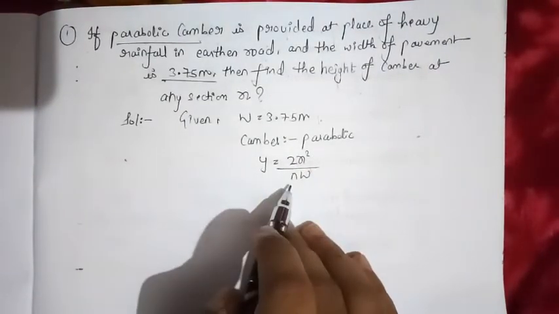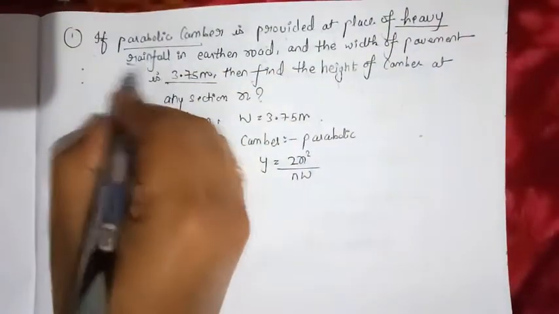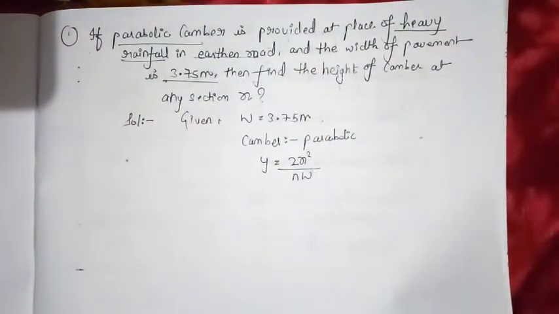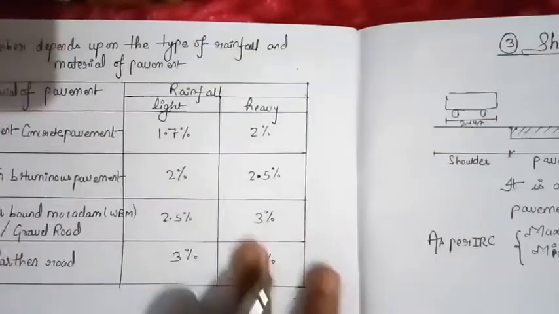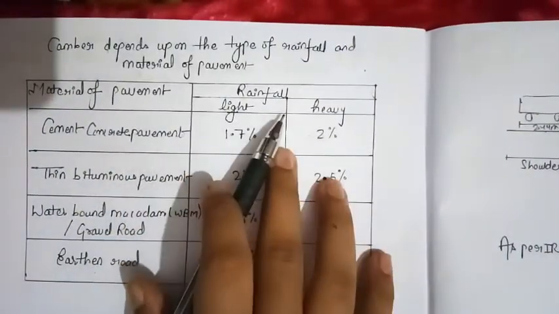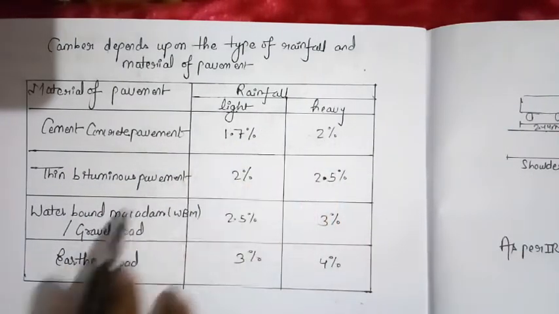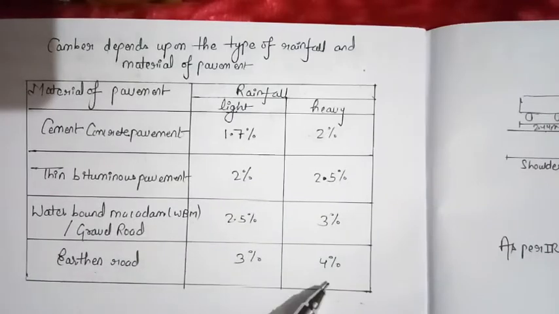Okay, so what is N here? It is not given in the question, but in the question it is given that it is a place of heavy rainfall in an earthen road. So we have seen the classification of camber value as per the pavement material and the rainfall in the area. So for the heavy rainfall in the earthen road it is 4%.